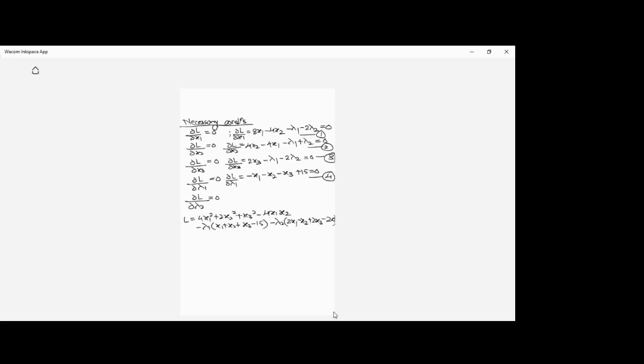Similarly, we can move ahead. We can find the partial derivative of L with respect to lambda 2, which is equal to minus 2x1 plus x2 minus 2x3 plus 20 is equal to 0, and this is our equation number 5, right?